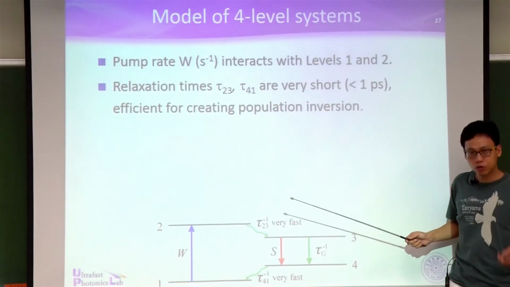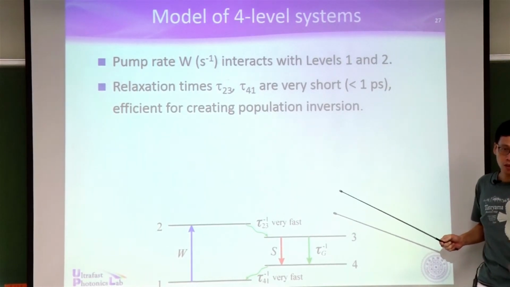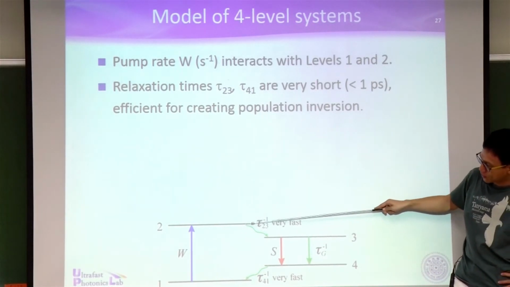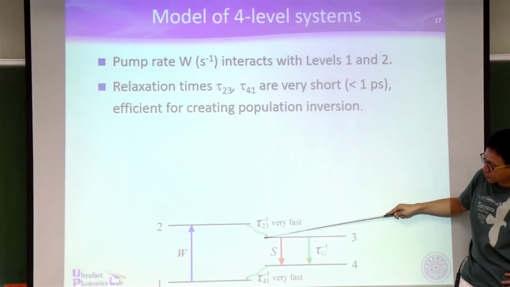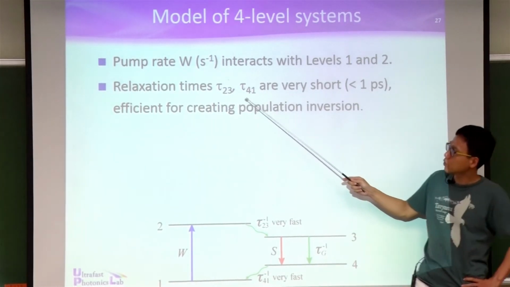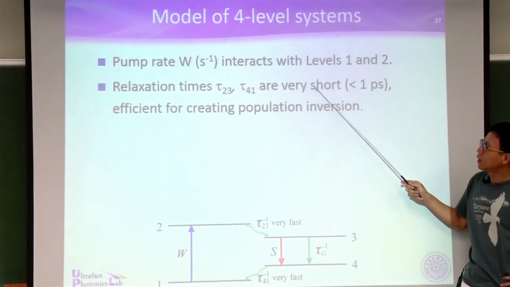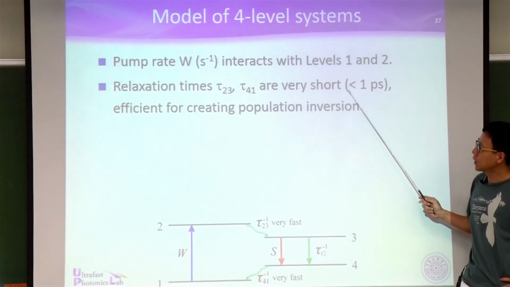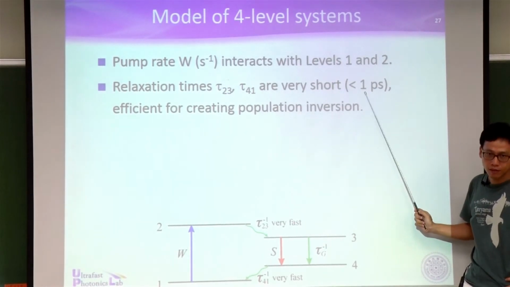Relaxation times. We actually have 3 relaxation times, but let's take a look at tau 2-3 and tau 4-1 first. Tau 2-3 and tau 4-1 are very short, say less than 1 picosecond.